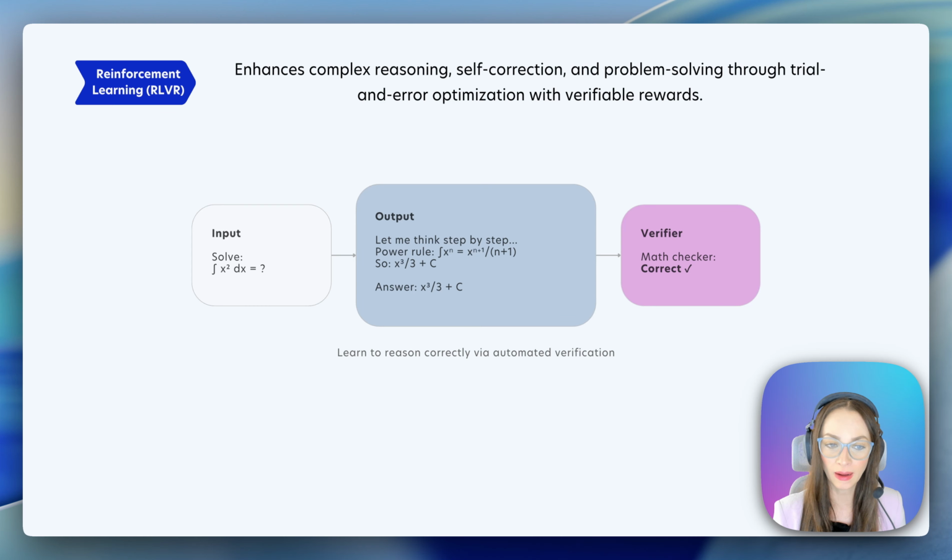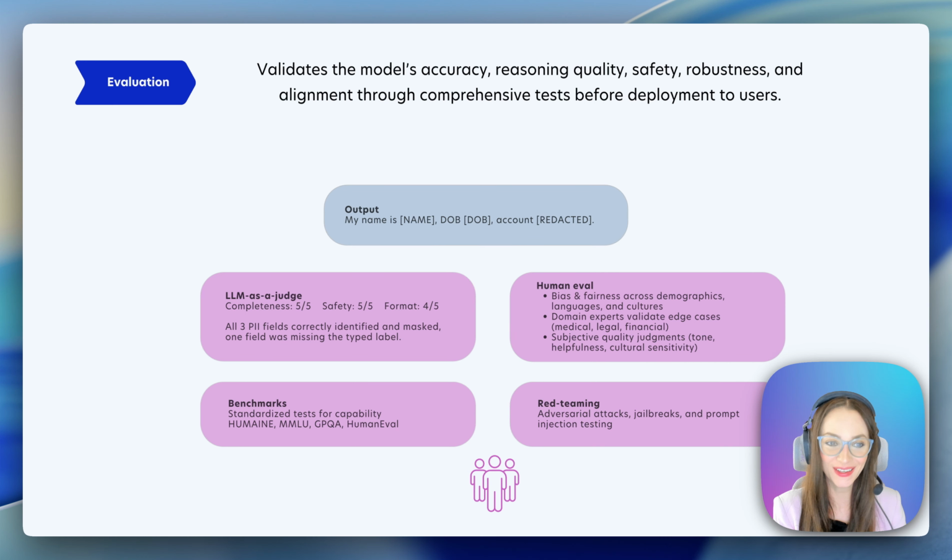And the last step, but not the least one, actually the most important one, is the evaluation. You can't improve what you can't measure. Also, you don't want to put in front of millions of users a model that has not been validated for its accuracy, reasoning quality, safety, robustness, and alignment. So how do you do that? One is LLM as a judge.